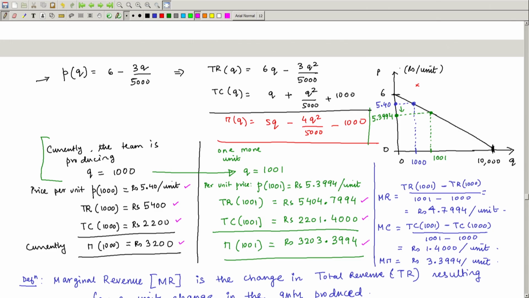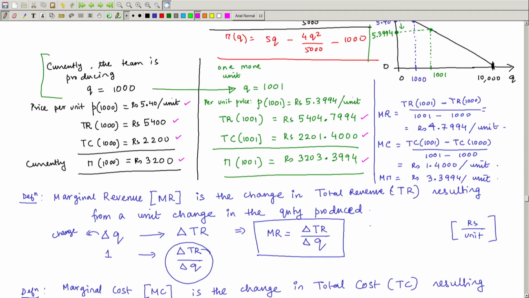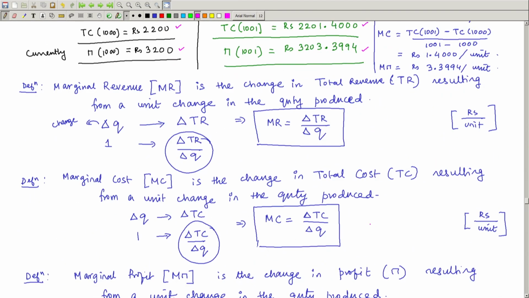We sharpened this analysis by defining three marginal terms. We defined the marginal revenue as the change in total revenue resulting from a unit change in the quantity produced. Total revenue is in rupees, quantity is in the number of units, so the marginal revenue is in rupees per unit.